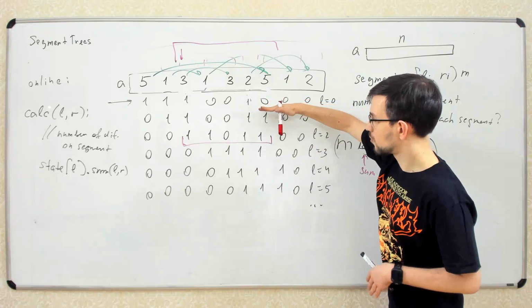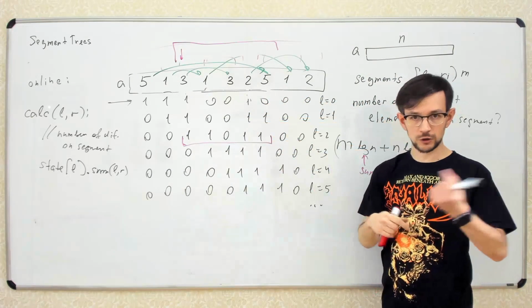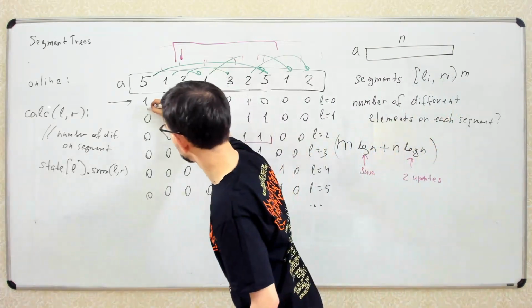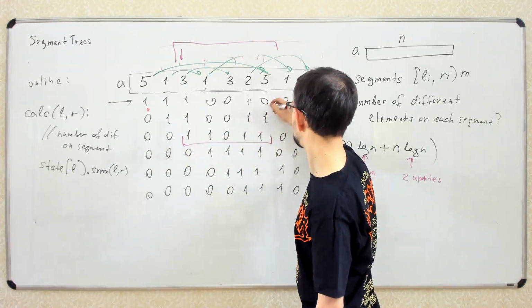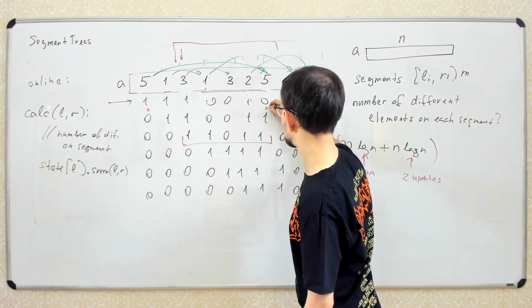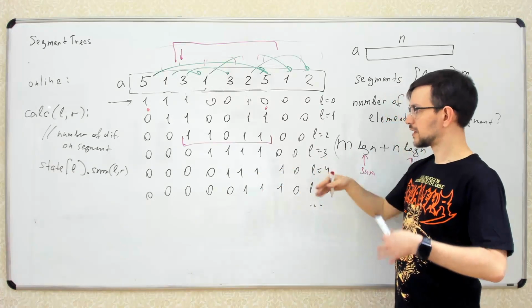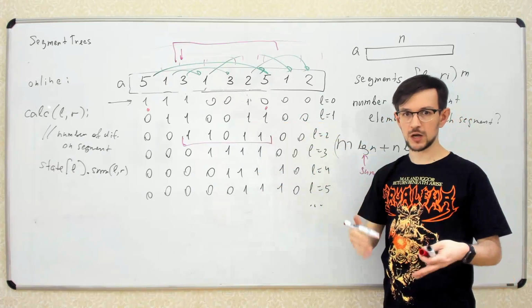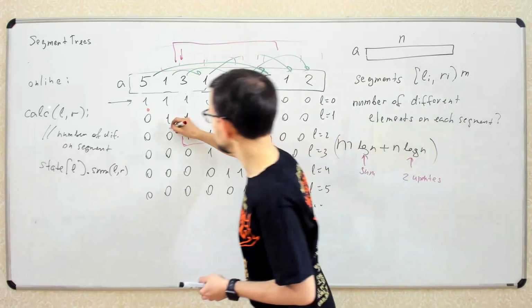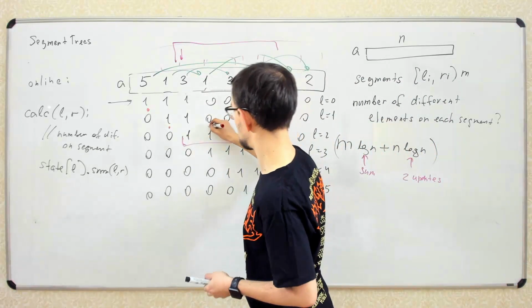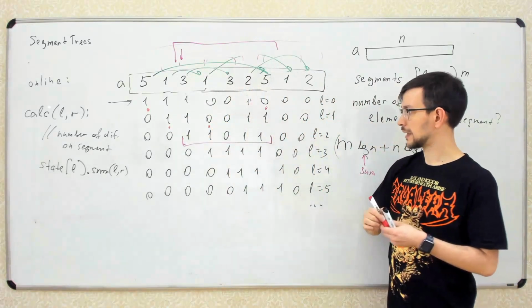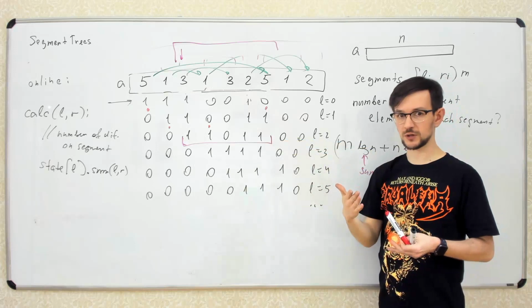Every time we move from this state to this state, we apply only two operations. So we apply this operation, we apply this operation, then we have the new version of this segment tree. Then again, we take this version of the segment tree, apply two operations, and get the next version of this segment tree.